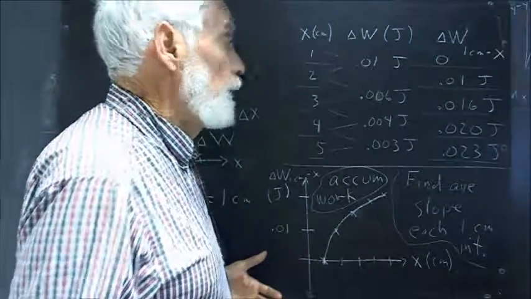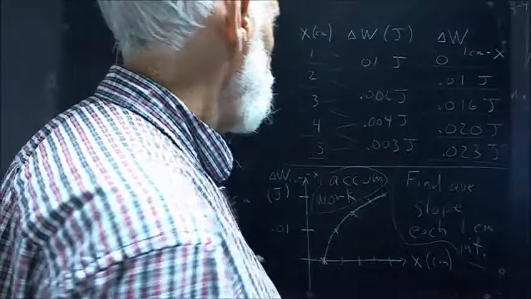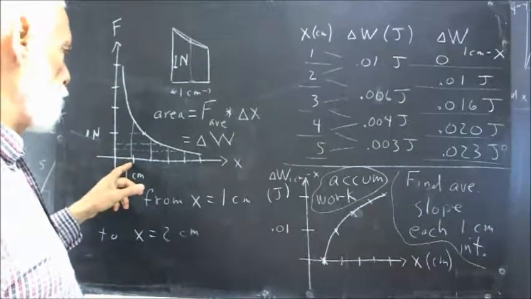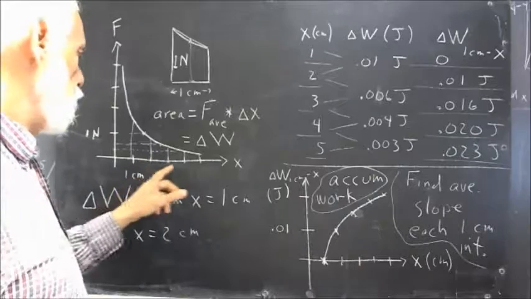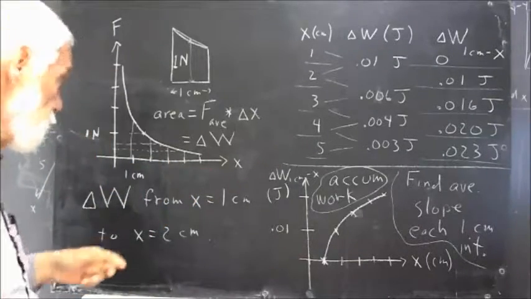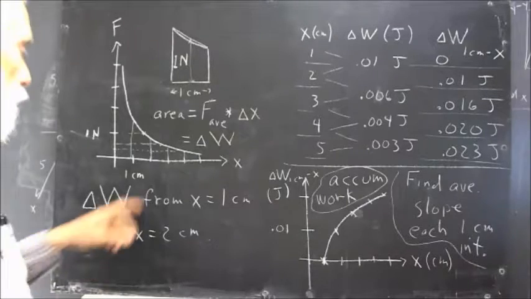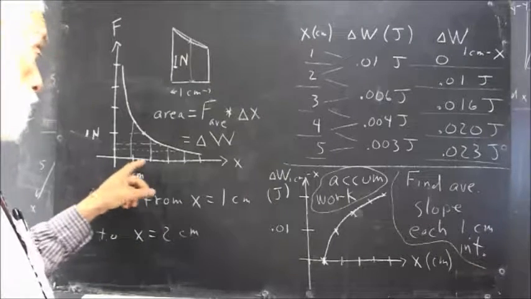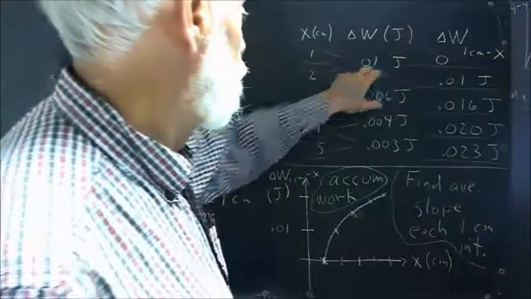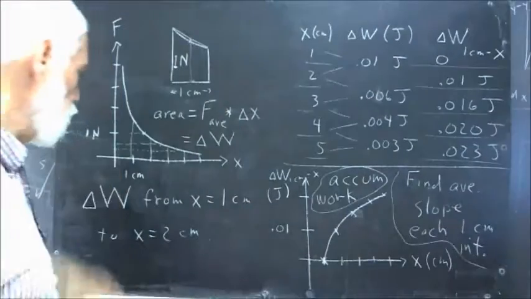Now, we then asked, what's the work done from the 1 centimeter position to each of these 4 subsequent positions? From the 1 centimeter position to the 2 centimeter position, we've already calculated that as 0.01 joules.